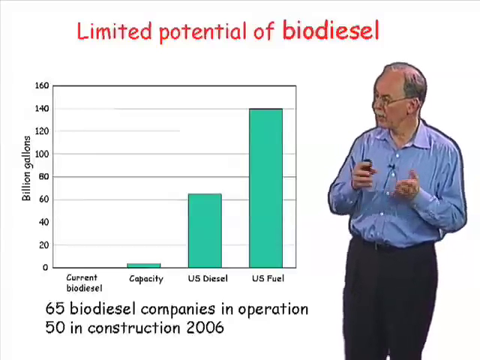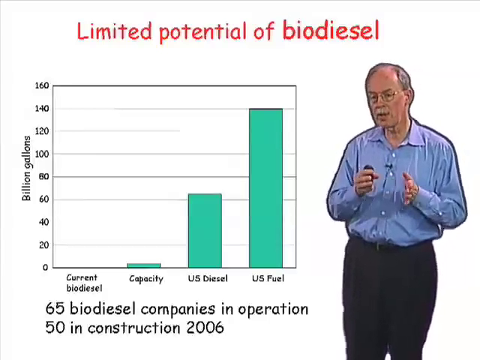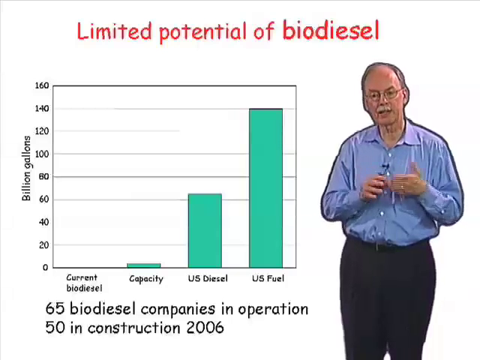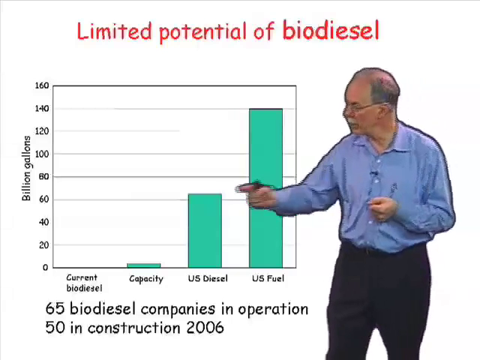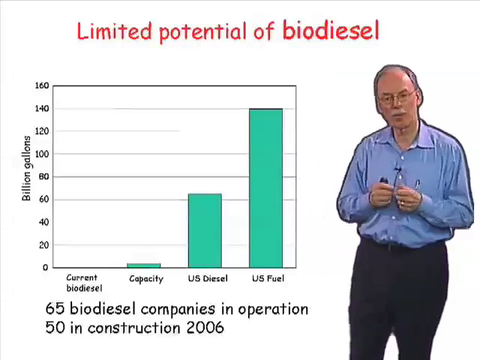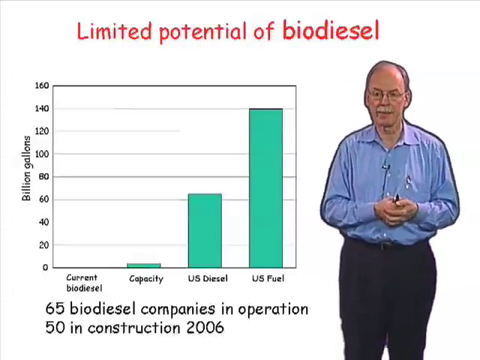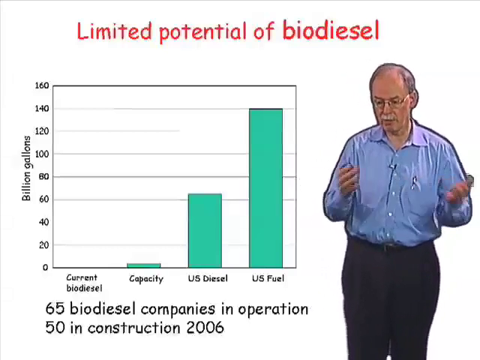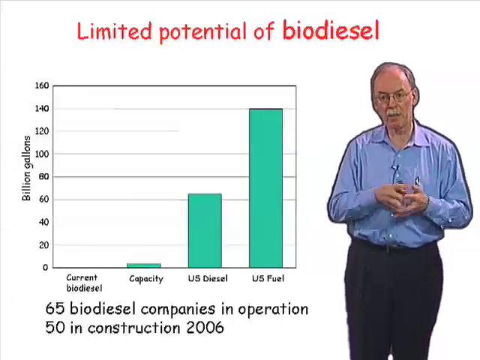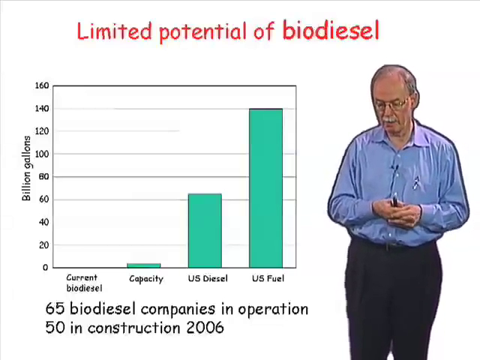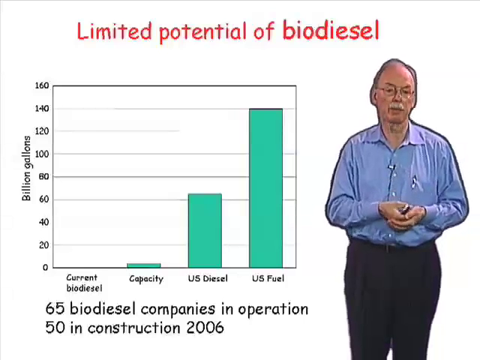And according at least to the Congressional Research Office, if we converted all the plant and animal fat in the United States to biodiesel, we could only get about 3.5 billion gallons. Of course, that would remove a large amount of the calories from the human food supply. So that's probably not really feasible.